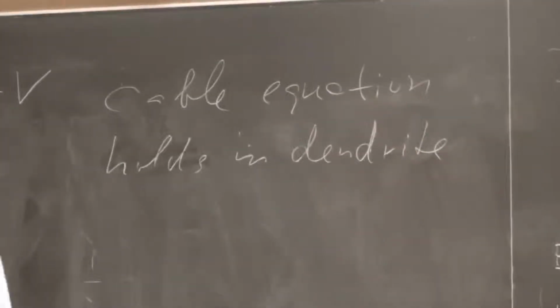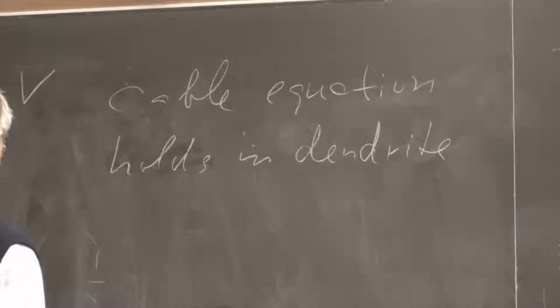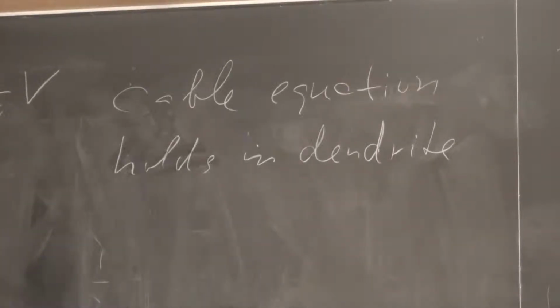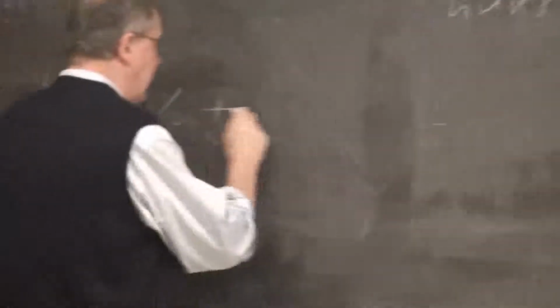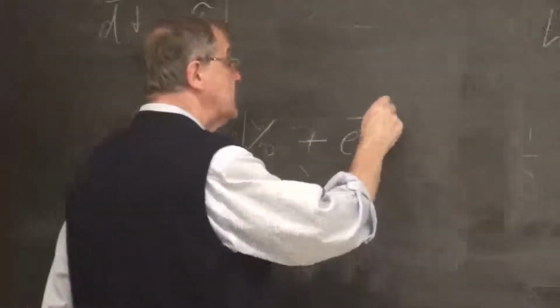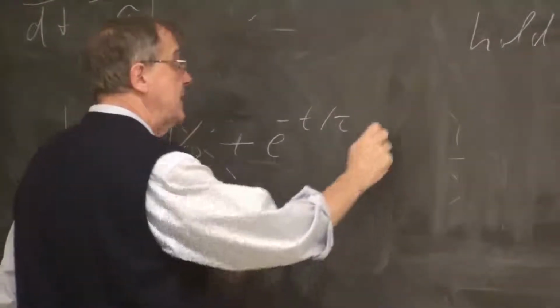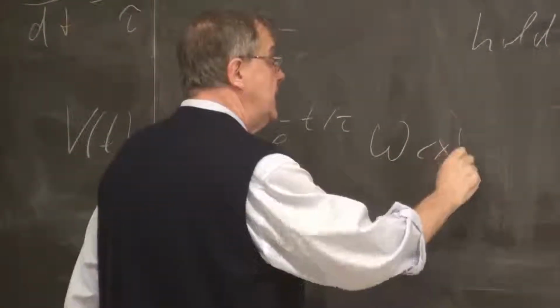So let's solve it. You can consider quickly that we define V of t as V0, relative to the resting potential, but we will neglect it, we are smart enough to know this, plus e to the minus t over tau times w of x and t.